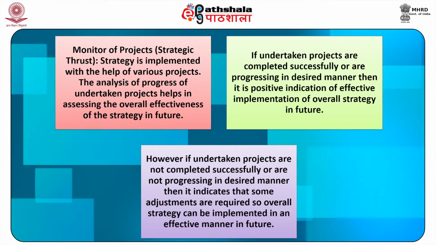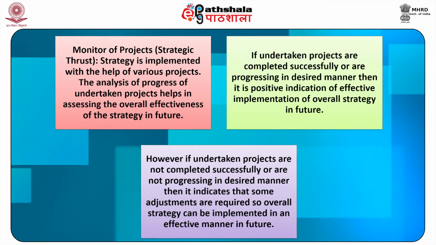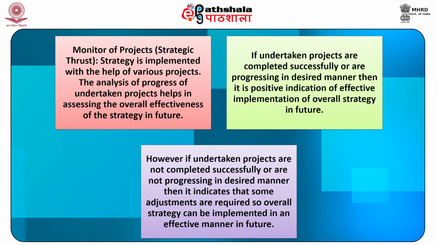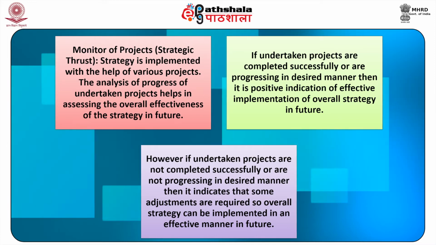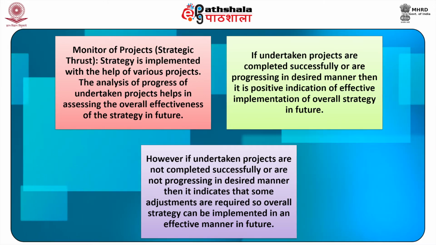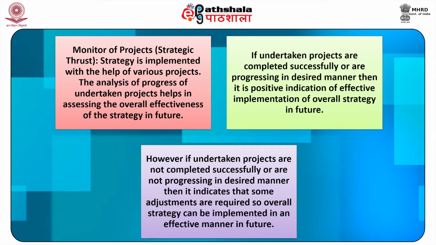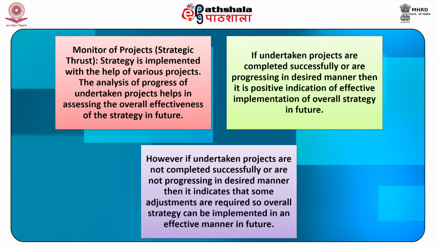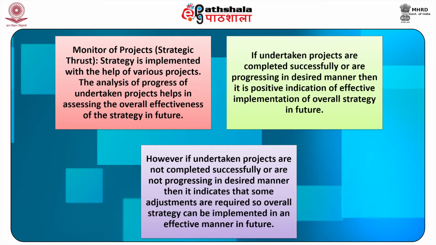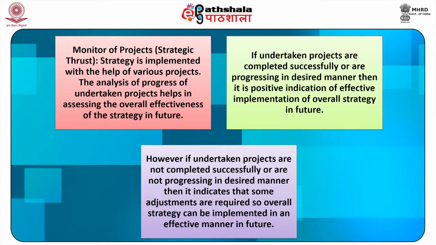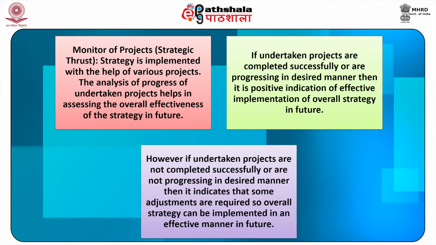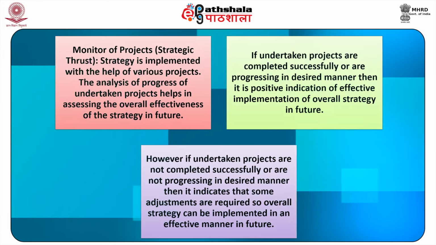If undertaken projects are completed successfully or are progressing in a desired manner, then it is a positive indication of effective implementation of overall strategy in future. However, if the undertaken projects are not completed successfully or are not progressing in a desired manner, then it indicates that some adjustments are required so overall strategy can be implemented in an effective manner in the future.